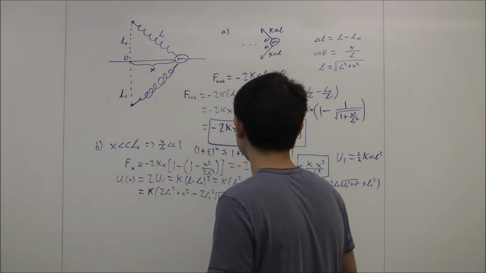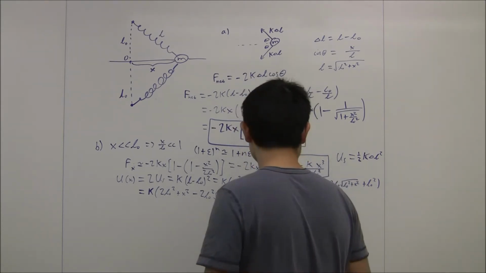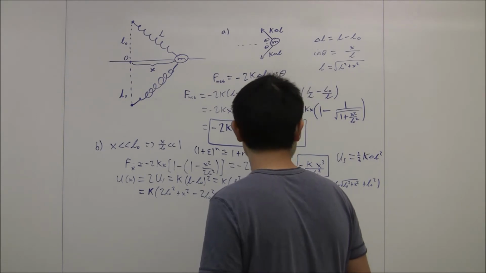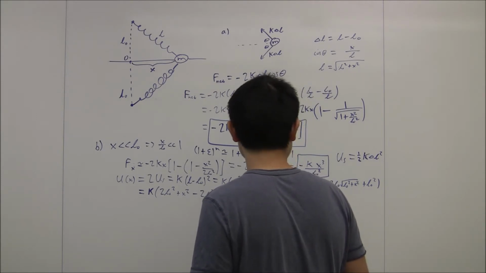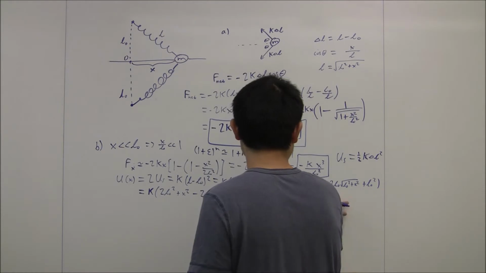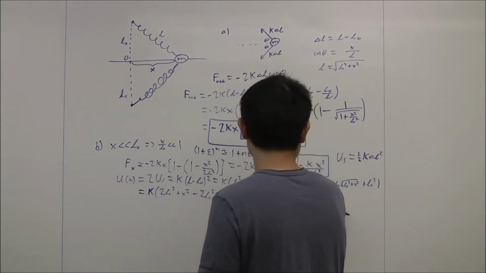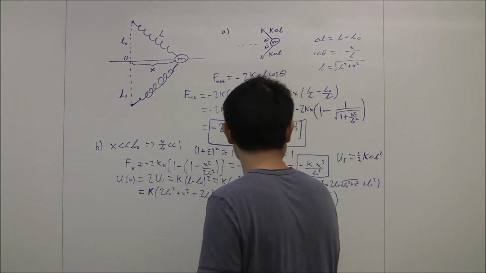So now, this may not look like a function of x to the 4, but since we're dealing with small x, let's write out the Taylor expansion of the term in the square root.